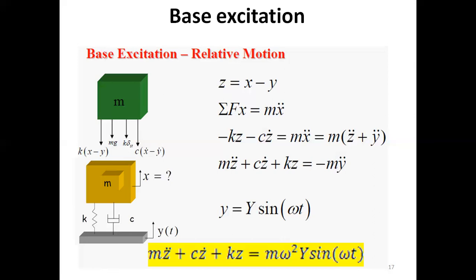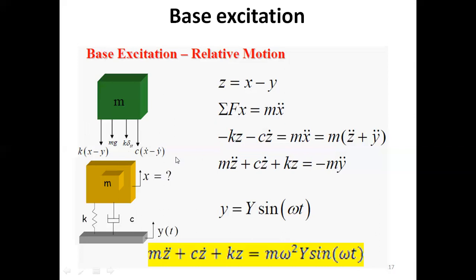So this is the free body diagram for our system, which we have discussed previously, or last time, and using Newton's second law of motion on this free body diagram, the summation of all of the forces which are actually along the displacement x is equal to m x double dot, that is mass times acceleration.